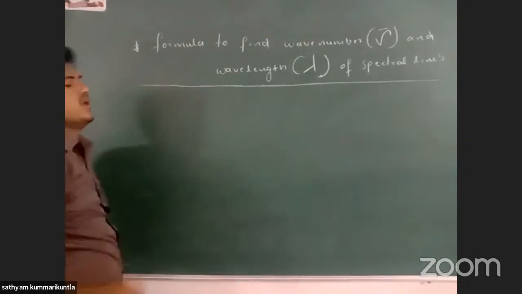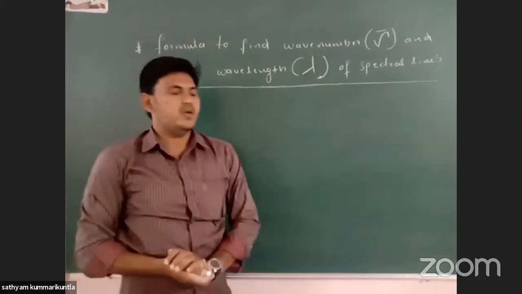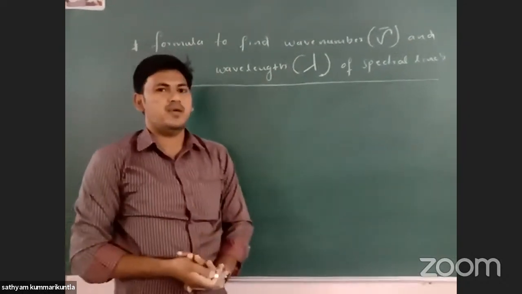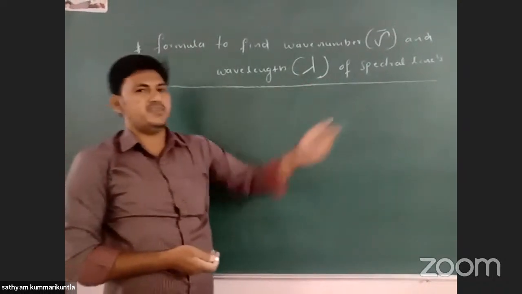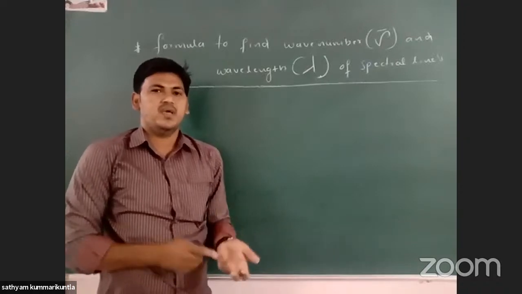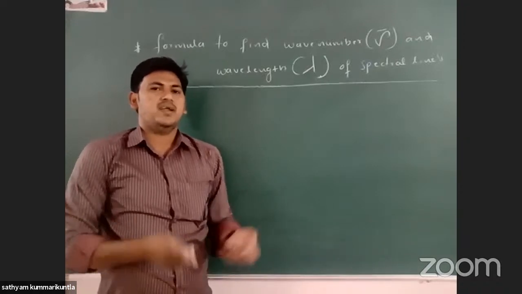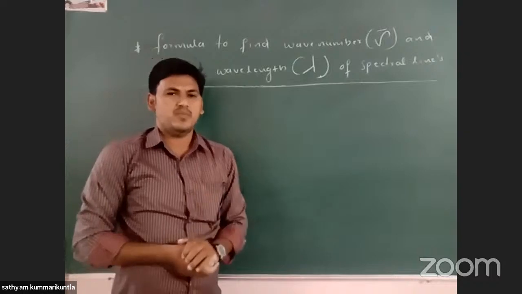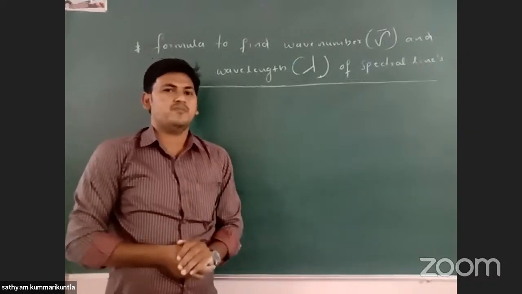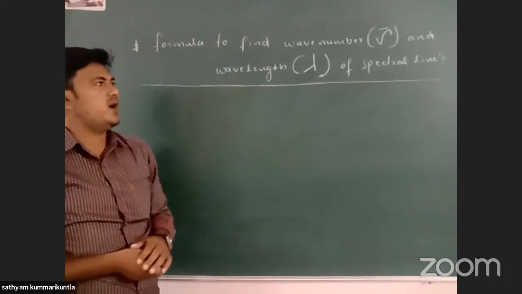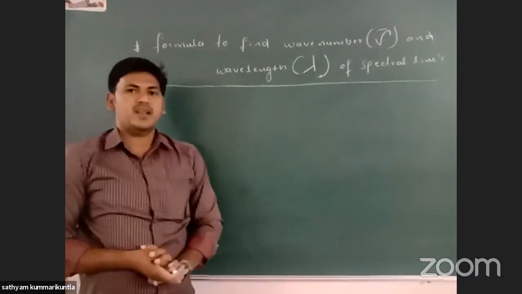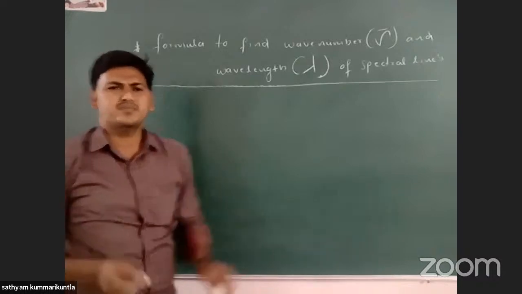Very important one: formula to find wave number u bar and wavelength lambda of spectral lines. That means spectral lines Lyman, Balmer, Paschen, Brackett, and Pfund. Very important formula in JEE and NEET also.